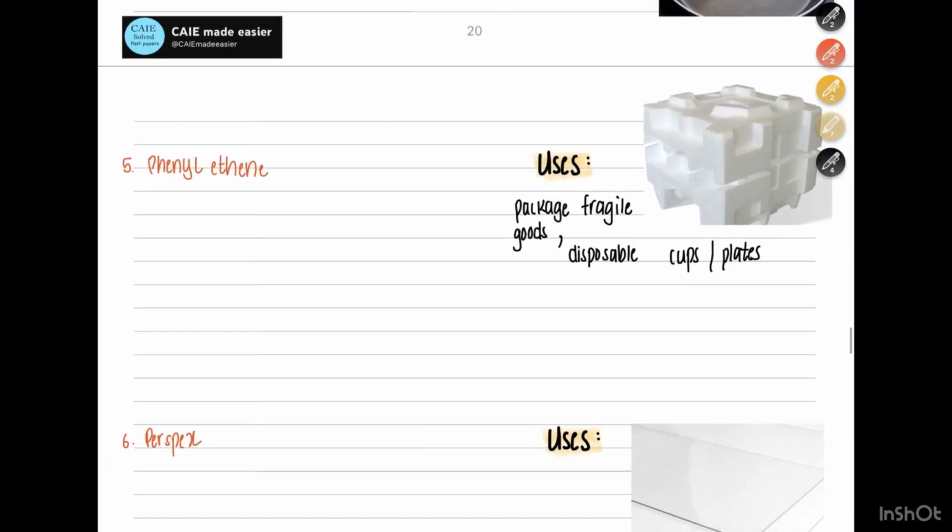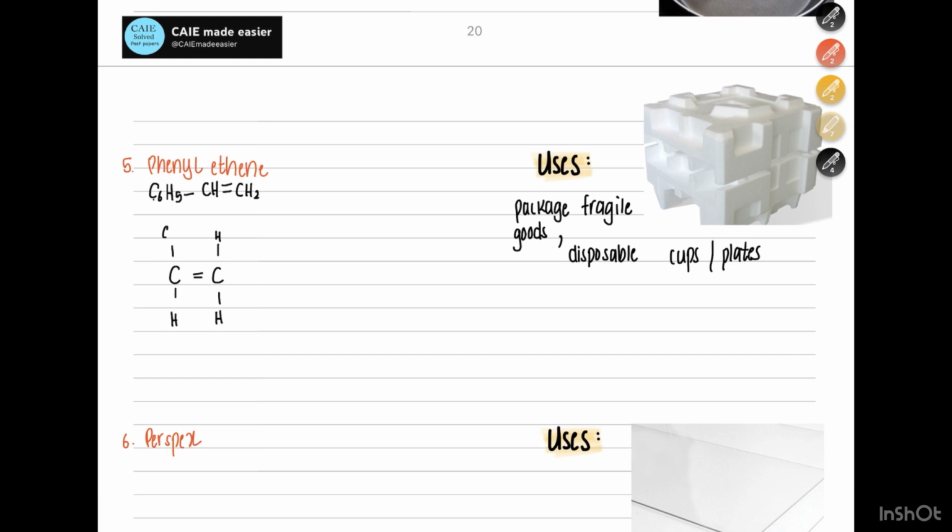This is called phenylethene. What is the formula of phenylethene? It's basically C6H5, which is bonded to CH, which is bonded to CH2, double bonded. So let's write it down. C double bond CH2, and then one hydrogen here and then here.